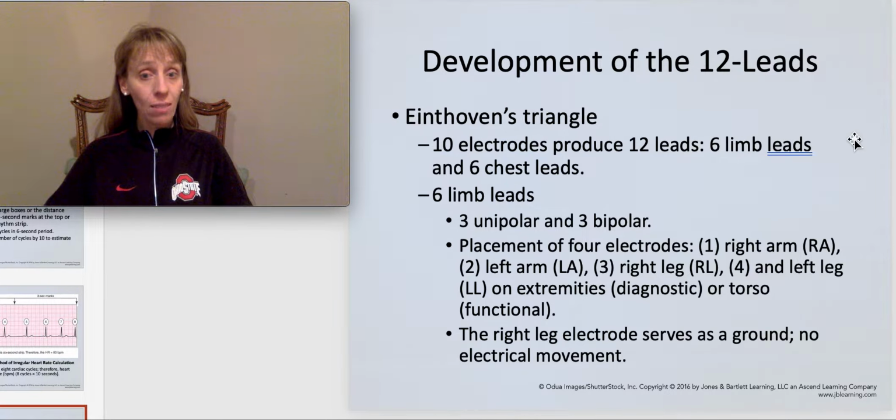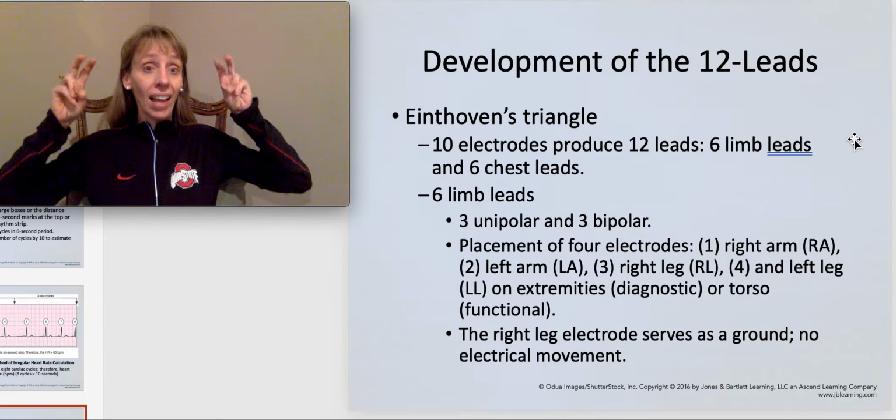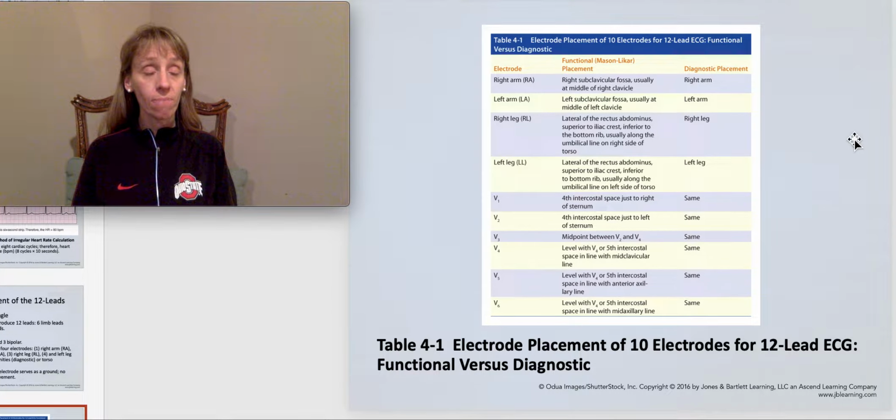And then the legs, we'd put them on the legs if someone's just lying supine, but because we're exercising, we're obviously not going to put wires down on the legs. We're going to pull them up to the torso. There are a few different areas between the ribs and down that we can place those leg leads, even though they're not on the legs. The right leg lead serves as a ground, even though we say there are 4 electrodes. So we're really looking at 3 electrodes that are going to give us these 6 different leads. Leads are photos, views, pictures.